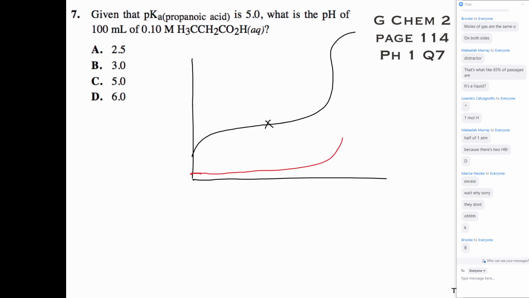We get this number right here by averaging pH and pK. So if it were a 0.1 molar strong acid, what would the pH be?